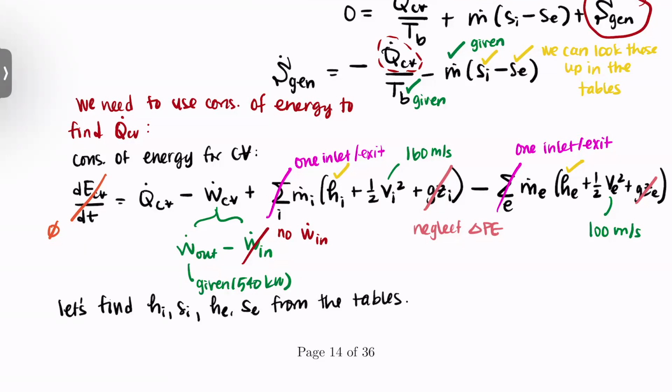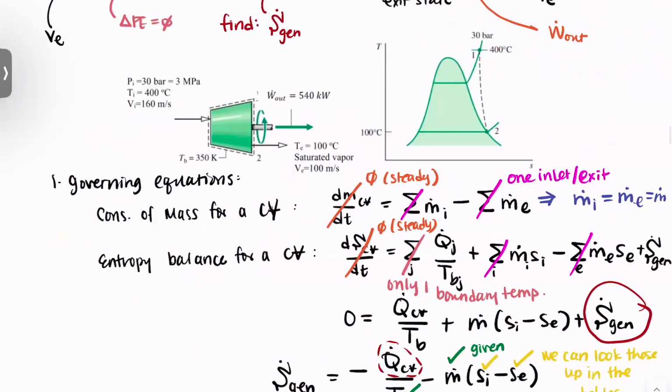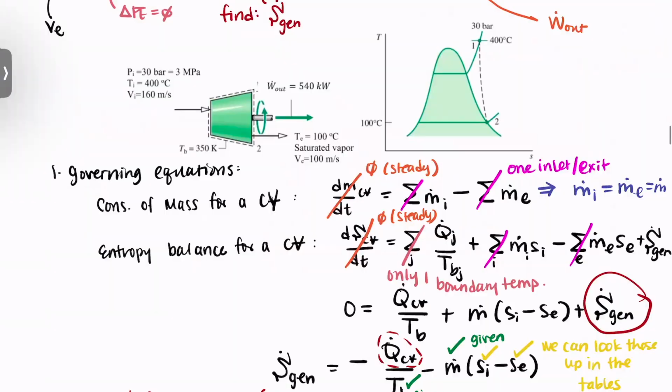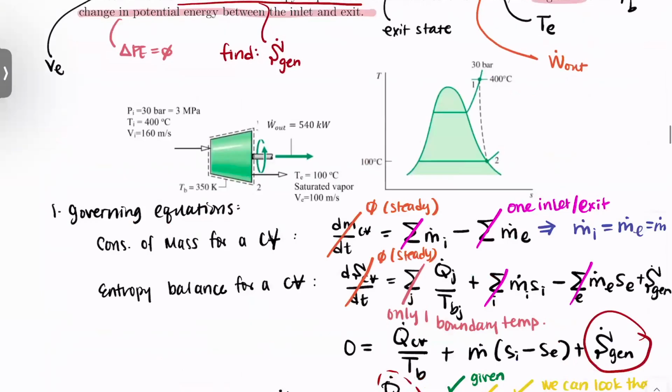All right, so let's do the inlet first. For the inlet, we are given temperature and pressure. The inlet pressure is 30 bars, which is 3 megapascals.